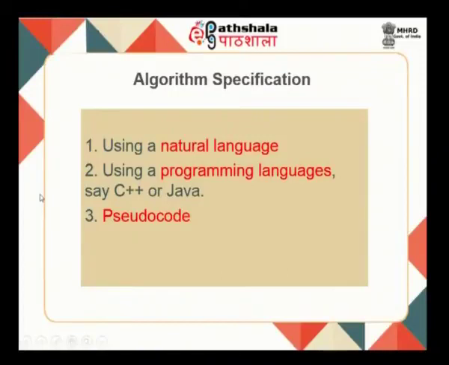This has certain advantages. For example, a third person can understand what the algorithm is all about, but the problem is the words are ambiguous. Therefore, some sort of confusion or ambiguity will be there as part of the algorithm. Because of these reasons, natural languages are not preferred.